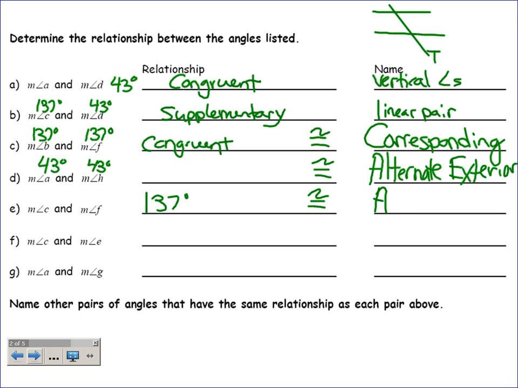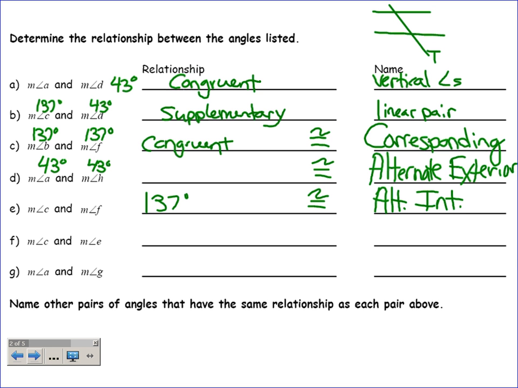They're on opposite sides of the transversal, so I'll say alternate. Are they on the interior or exterior of the parallel lines? Inside, in between, or outside? Interior. So these are called alternate interior angles. I'm sorry, inside. So they're on opposite sides of the transversal, left or right, as we look at it, and they're on the inside there between the parallel lines.